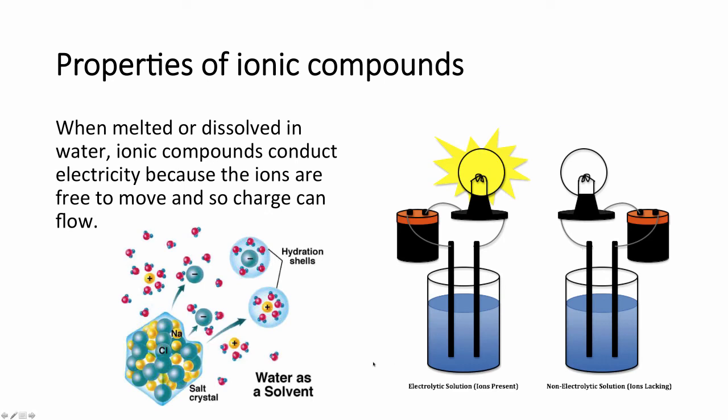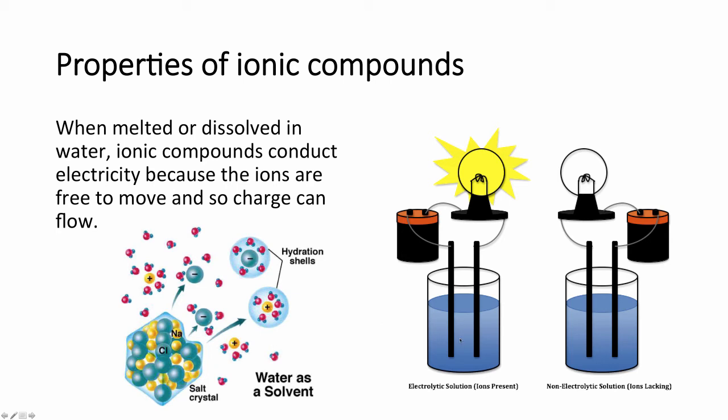Because they have a charge, they can also be dissolved in water, because water is polar and can actually make bonds with the ions. So it can break bonds in the ionic substance and make bonds surrounding the metal ions and the anions. And because the ions are charged and able to move in water or when molten, ionic substances are able to conduct electricity.